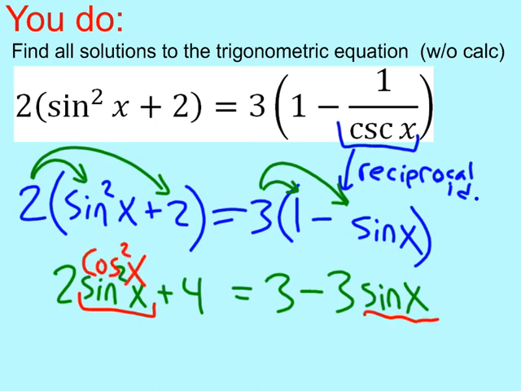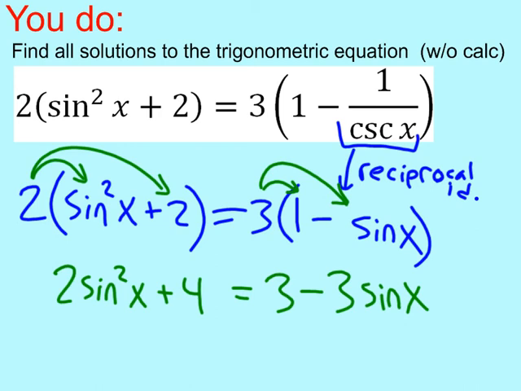So using the Pythagorean identity got us all sines of x's. Well, take a look at this. We're already in terms of all sine of x. There are no cosines or any other trig function, so don't use the Pythagorean identity here. Let's keep it all in terms of sine.